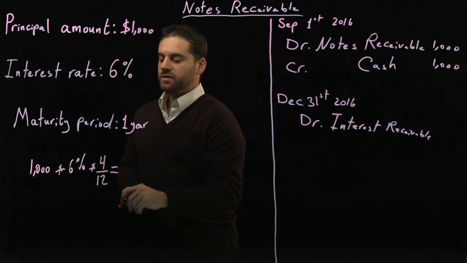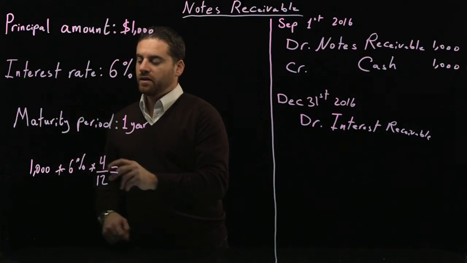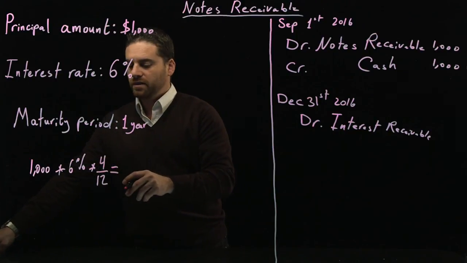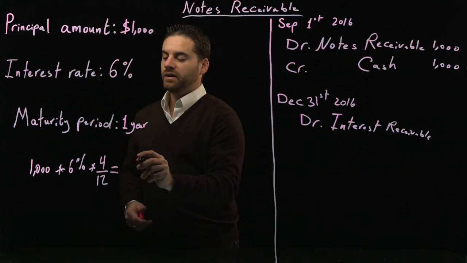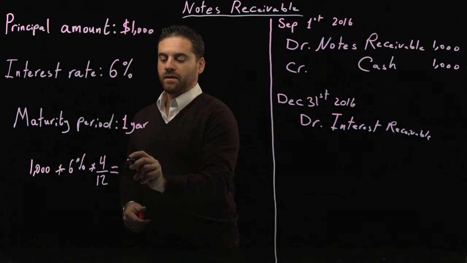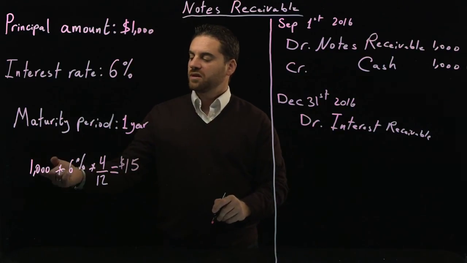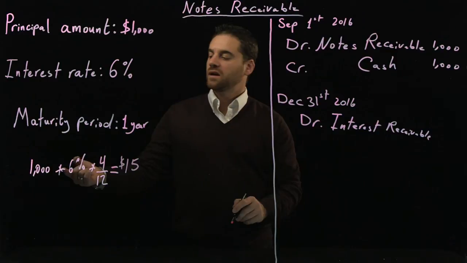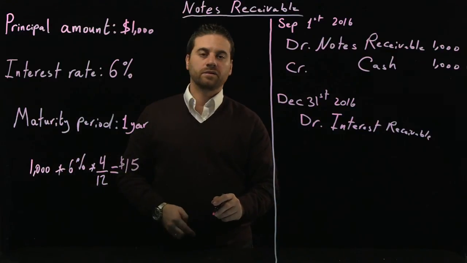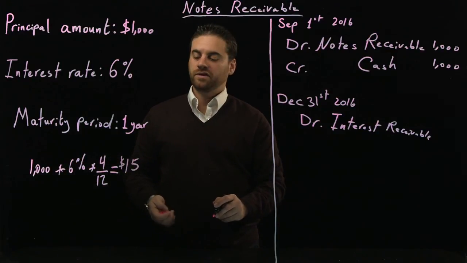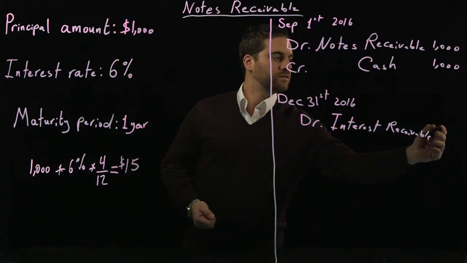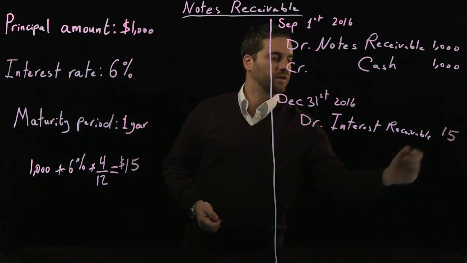So 6% of the 1,000 multiplied by the 4/12 would be $15. Because 6% of the 1,000 is $60, and then 1/3 of that is $15. So the interest receivable is only $15.